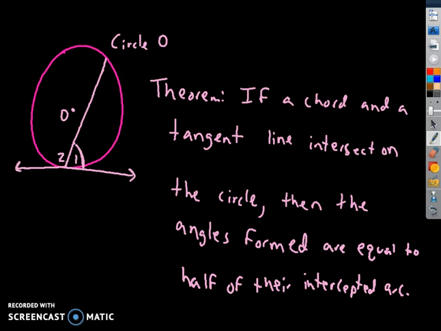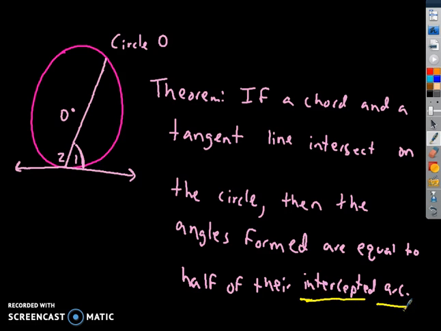So the theorem says if a chord and a tangent line intersect on the circle, then the angles formed are equal to half the intercepted arc. That's the word I didn't mention so far: intercepted arc.